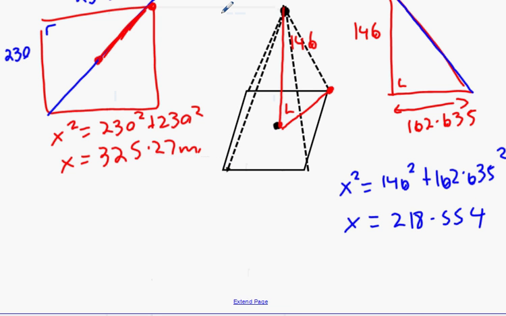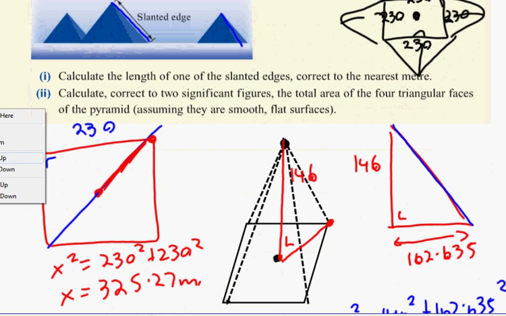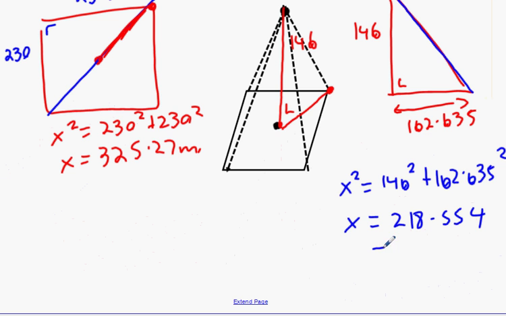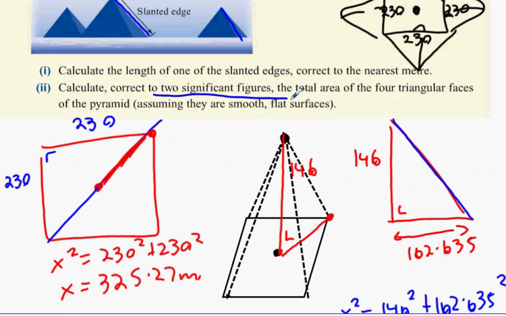And what does it want to nearest meter? Nearest meter, 219. Now, what's it going to ask me for next? It wants calculate the correct two significant figures. Anybody know what significant figures are?